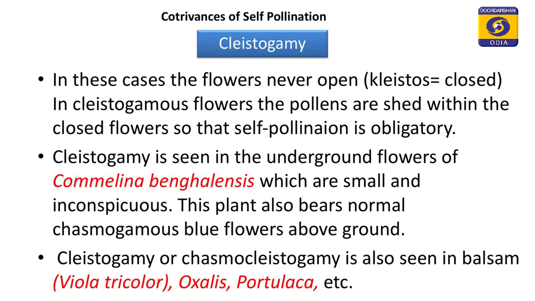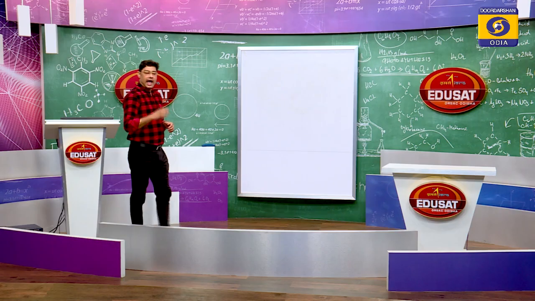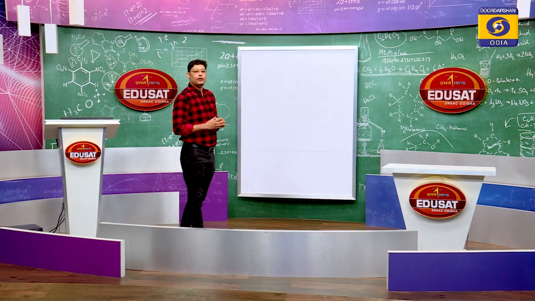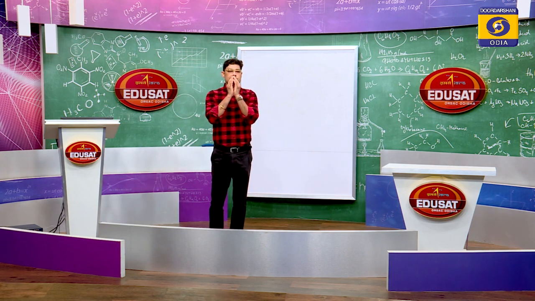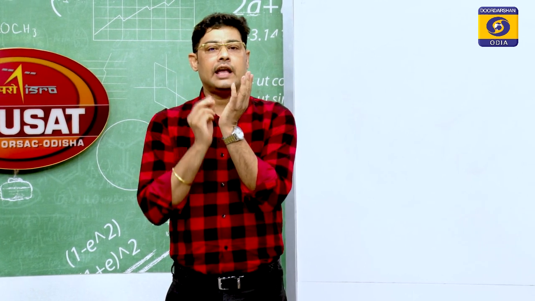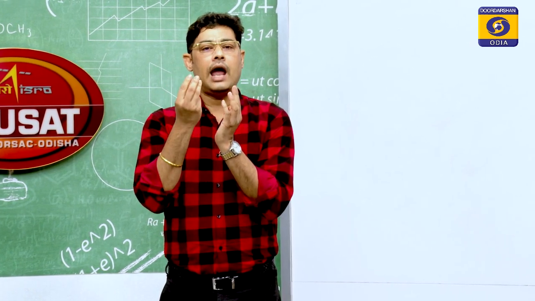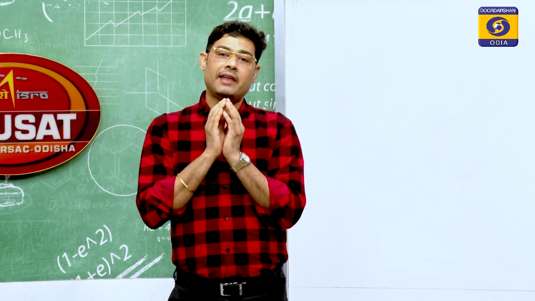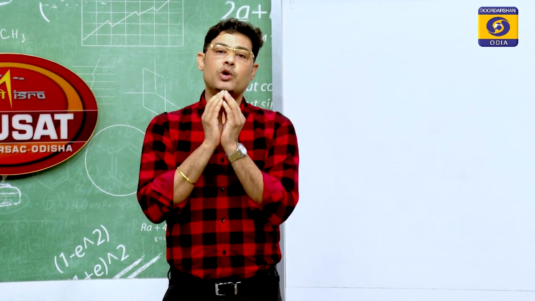When a flower matures, anthesis takes place, and normally the flower opens like this. When the flower opens, it exposes the male part and female part, and these flowers are called chasmogamous flowers.